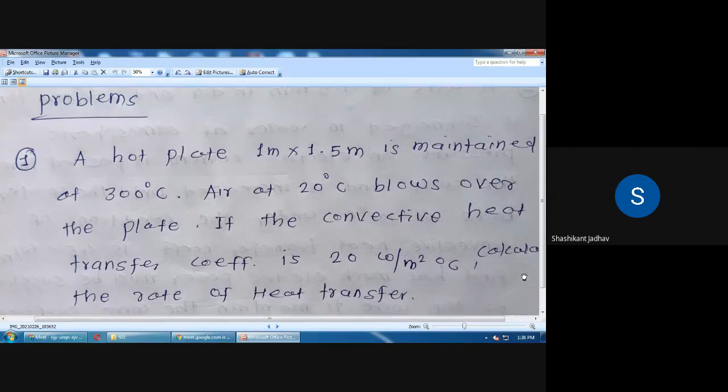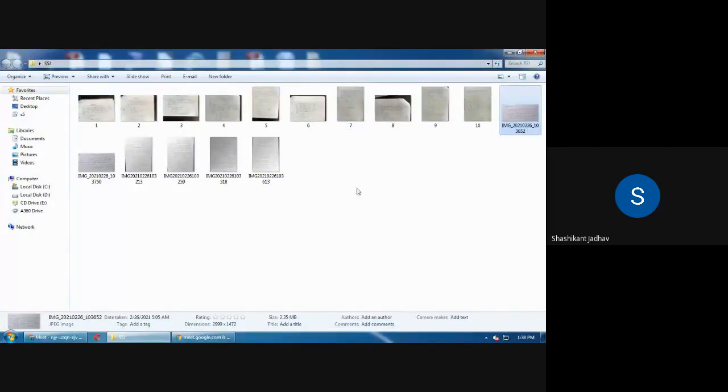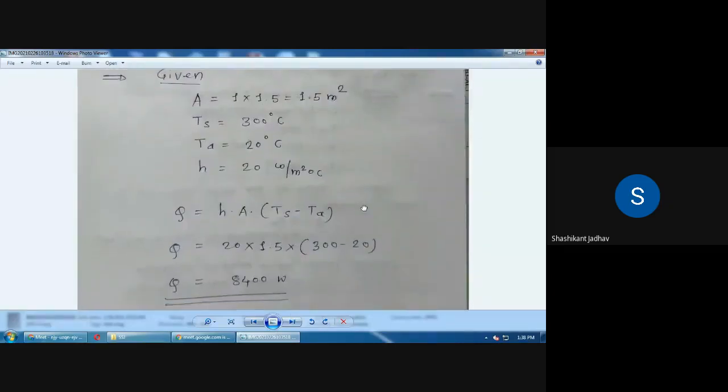It is a very simple problem. Area is given 1.5 meter square, Ts is 300 degrees Celsius, Ta is 20 degrees Celsius, h is 20 watt per meter square degree Celsius.